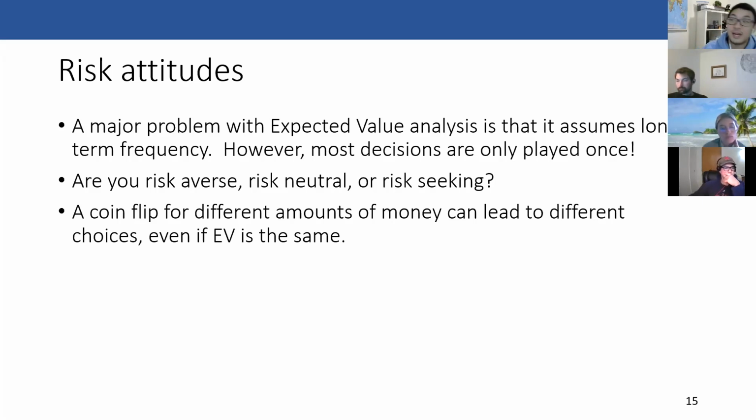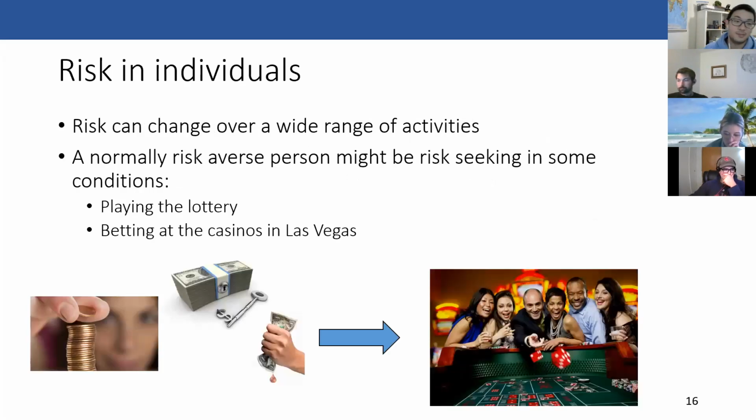And so that is one way that we can elicit risk preferences for individuals, but I'll quickly say that even for an individual, the risk preference can change a lot over time, in different situations, over a wide variety of activities.